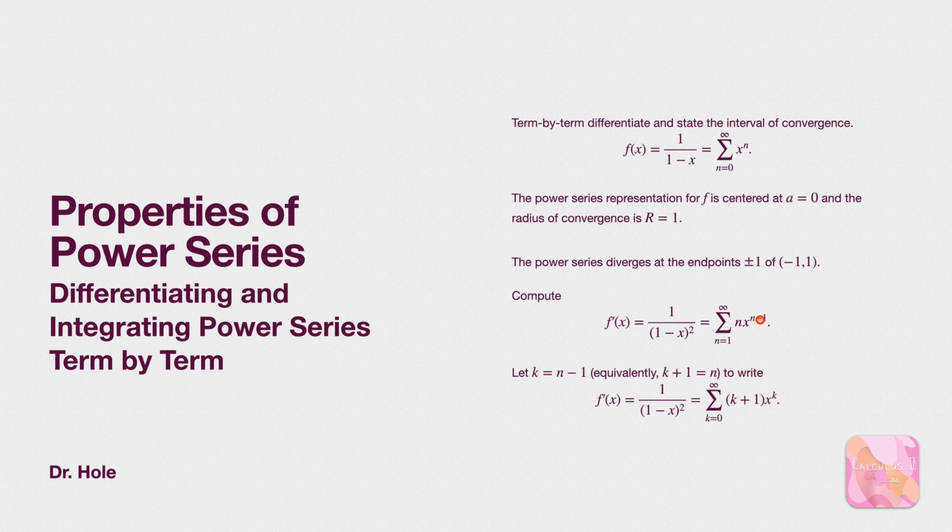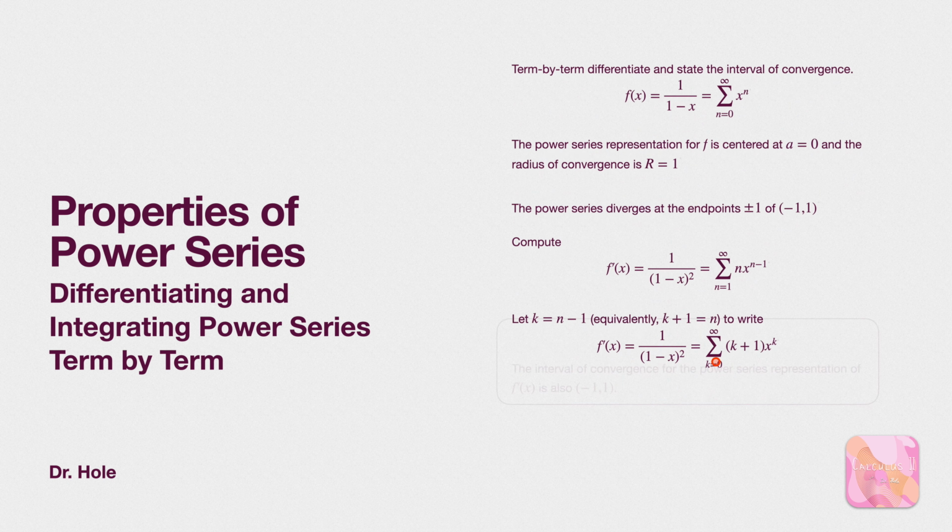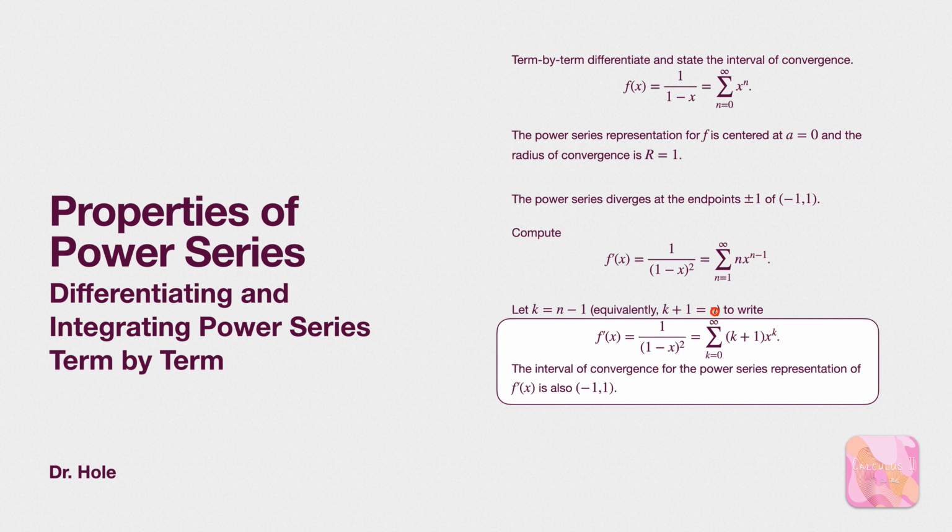So if we have n minus 1, that's going to be represented as just a k in the new variable. By adding 1 to both sides, we can come up with an expression for n as k plus 1, so that if we see n, we can swap it out with k plus 1. And if the index under the original variable n starts at 1, then for n equaling 1, k must be 0.